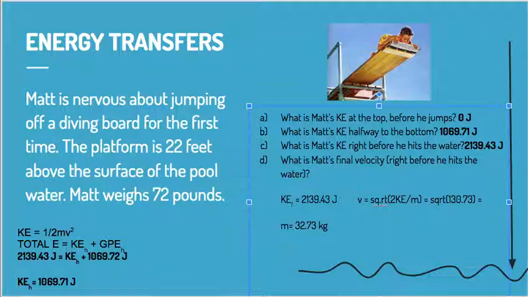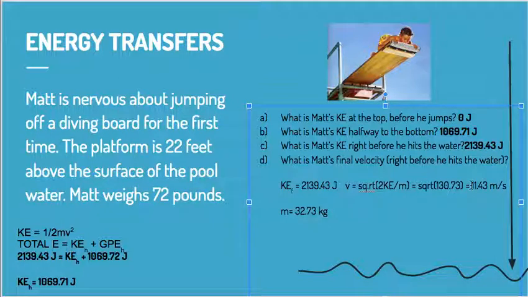And I get 11.43 meters per second. And I know I'm going to end up with the SI units of velocity because I started with SI units of mass and SI units of kinetic energy, which are joules.